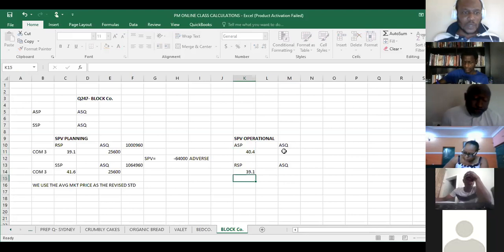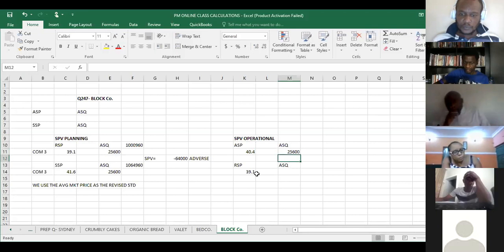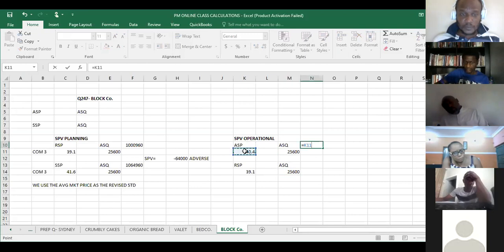We can come here and pick the actual sales quantity and replicate it in this place. And that's all we need. So this will be equal to that multiplied by that.